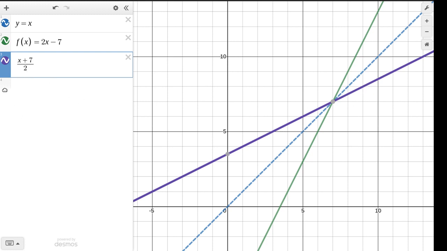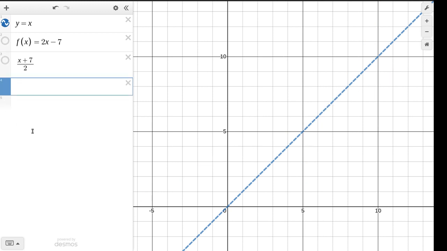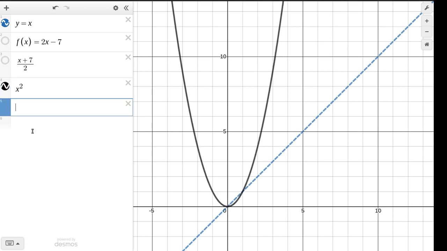Well, let's look at a function that has an inverse that we know of. I said, hey, x squared is a function. Right? There's x squared as a function. So the square root of x was another function.